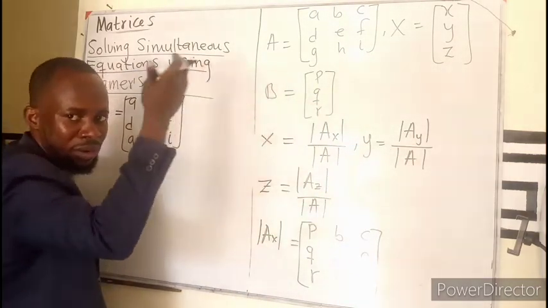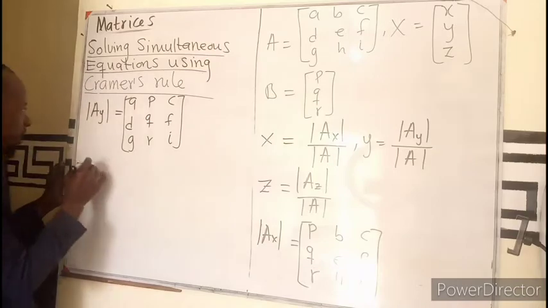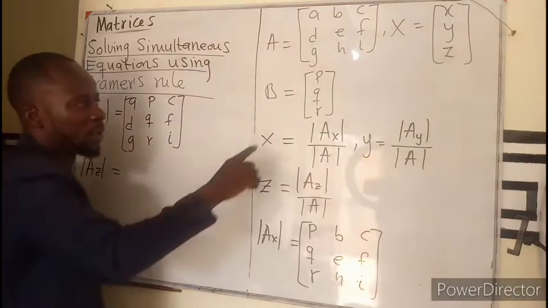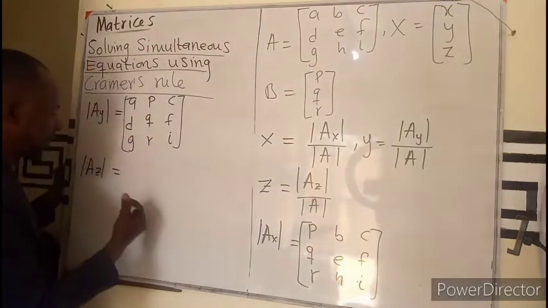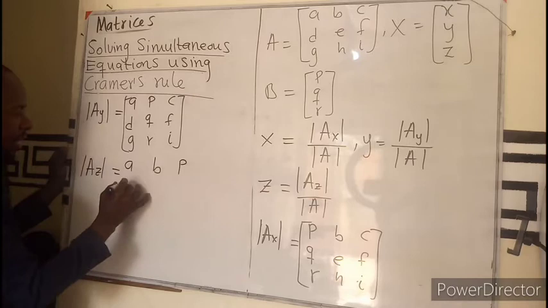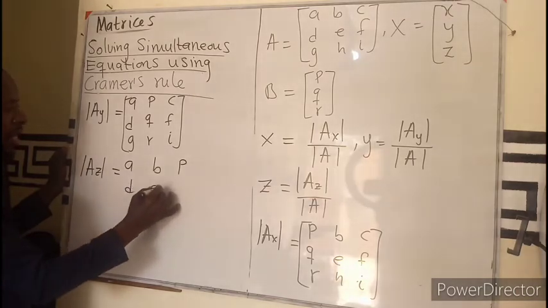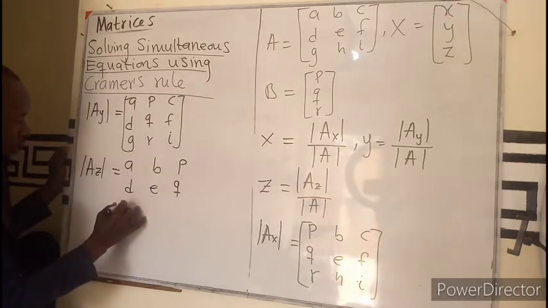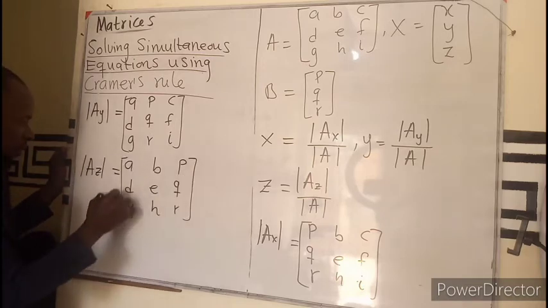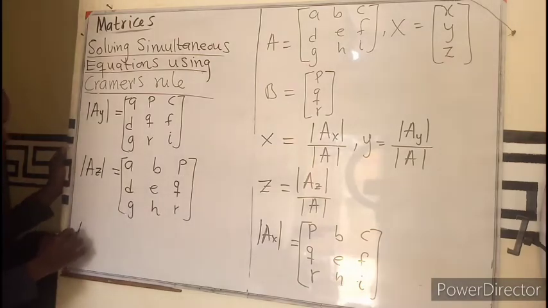You get that of Y. Then that of Z is going to be replacing the last column by this. That will be A, B, P, D, E, Q, G, H, R. Find the determinant. Don't forget the determinant of A.